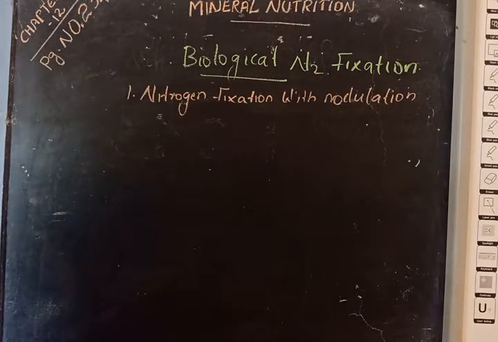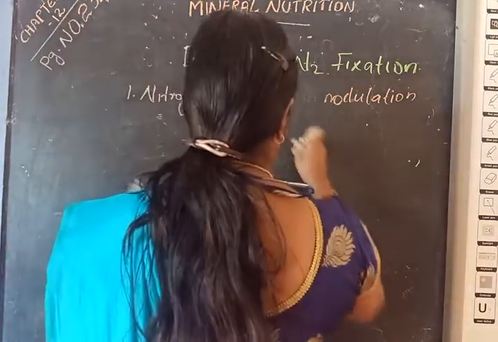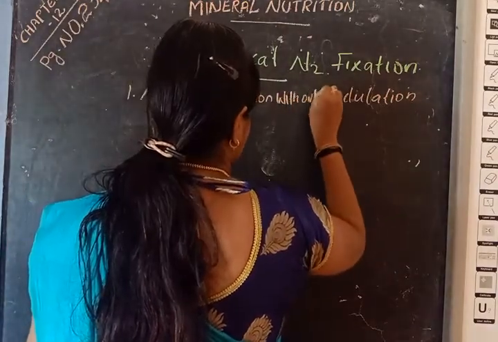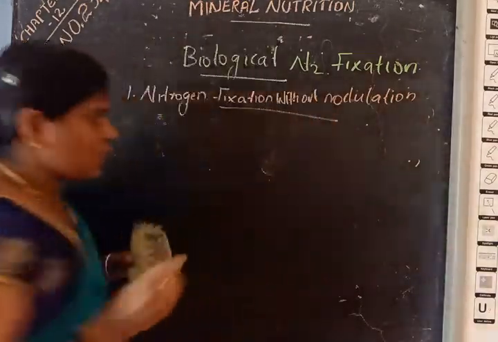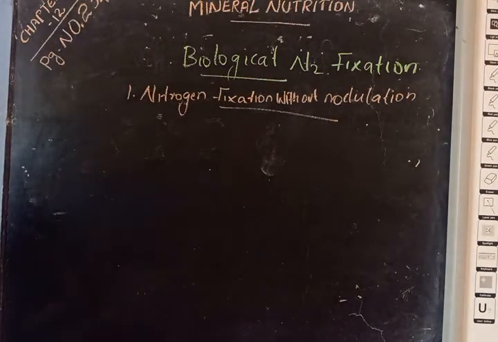Now we can look at nitrogen fixation without nodule formation. Several plants and prokaryotes are involved in nitrogen fixation. First one is lichen.